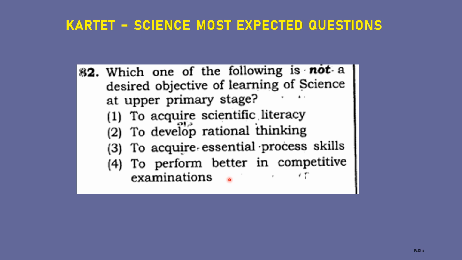You have to learn science as essential for our daily life, but it does not depend upon marks, or whether you come first rank or second rank. It is not based on competitive examinations. Therefore, the fourth one is the wrong objective of learning science. Other than this, the remaining three are very important.